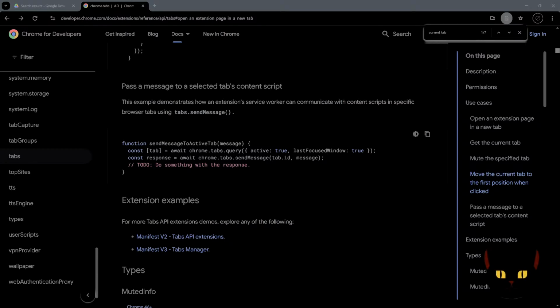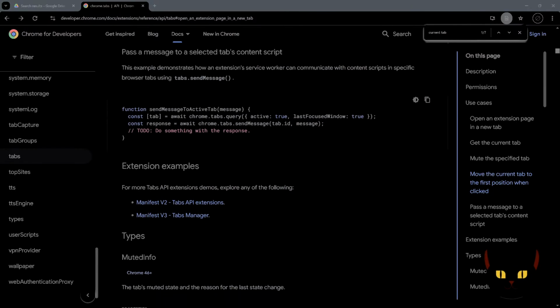Service workers talk to content scripts seems a little advanced for what I want to do.